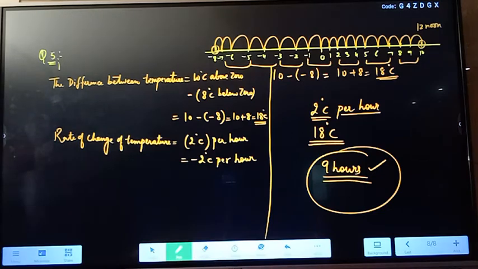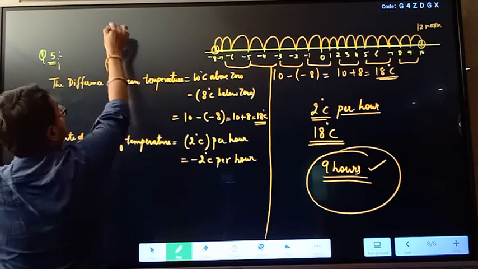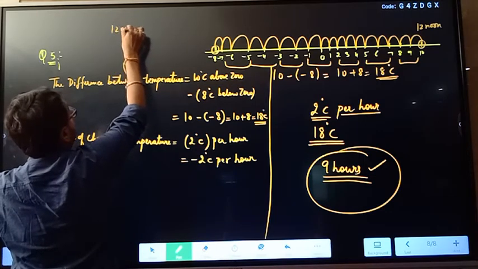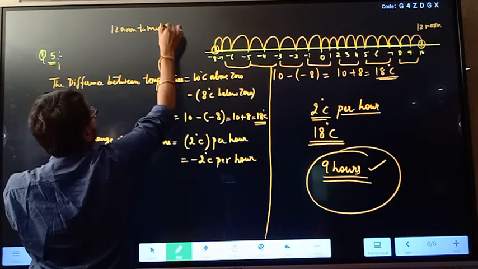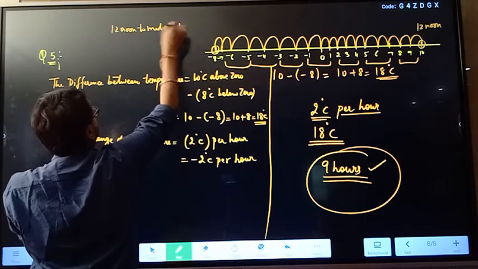First important condition, because it is decreasing by that rate. Next thing, change in temperature, difference in time from 12 noon to midnight. So we have to move from 12 noon to midnight, because we have to find the temperature at midnight.